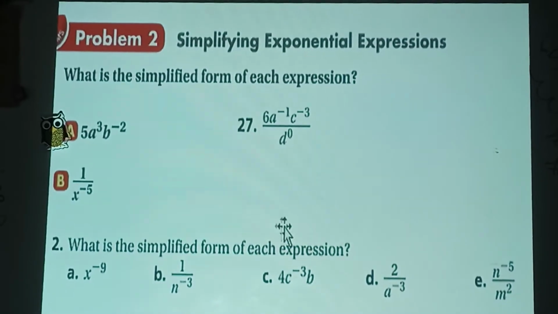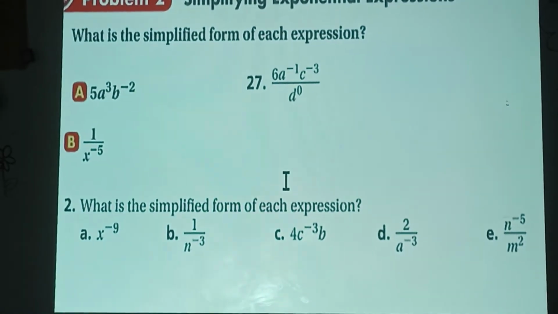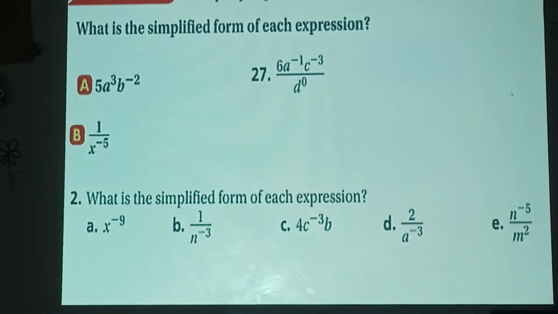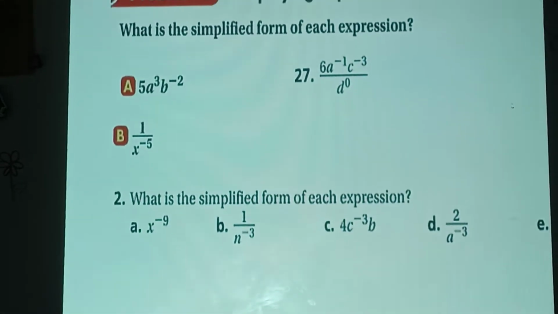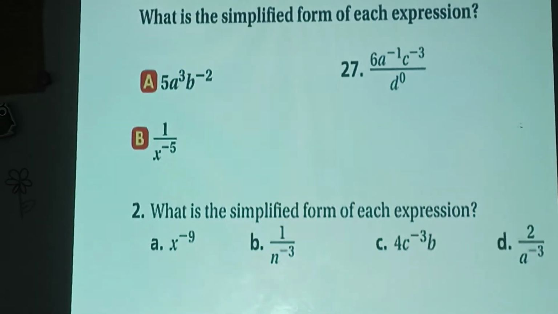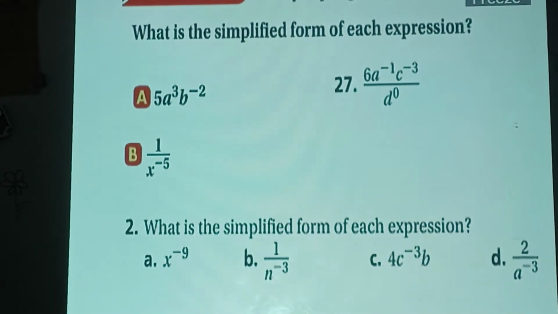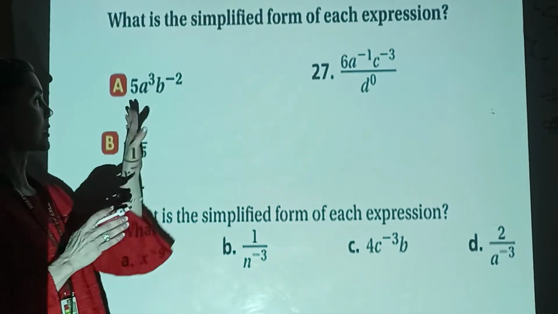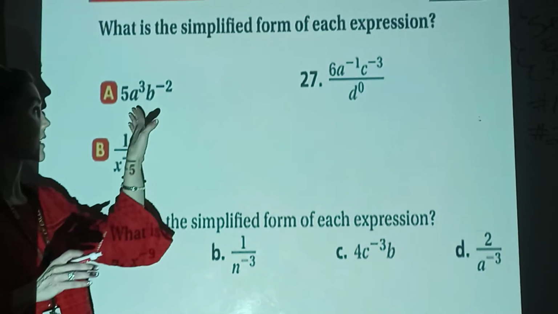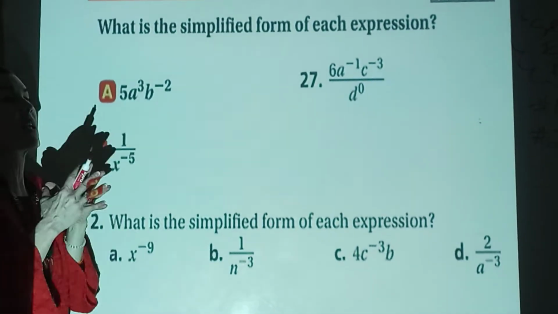So now I want you to write down these next examples here, okay? A, B, and 27. We're still simplifying. Let me make it a little bit bigger for the video. We're still simplifying, okay? Now you can see that we're dealing with multiple variables in the expression, okay? So here's the secret, here's the key.